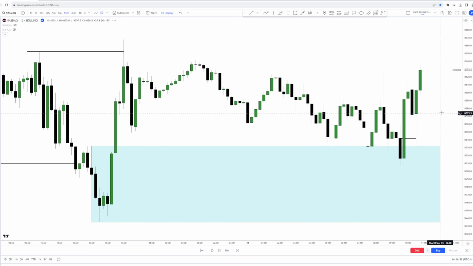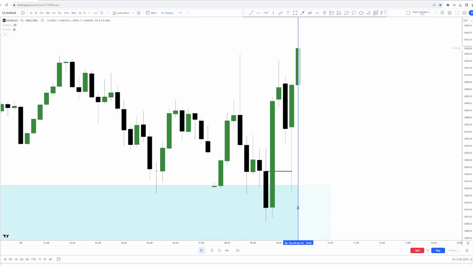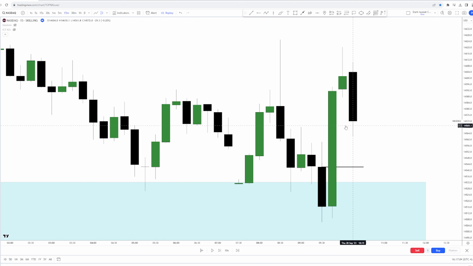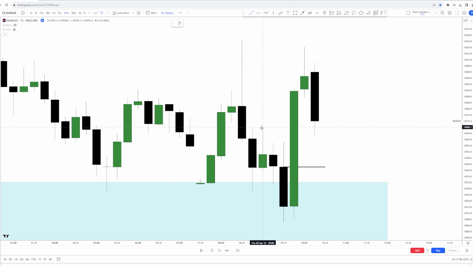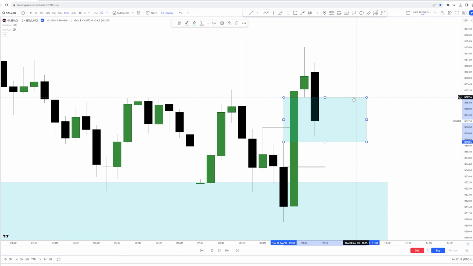Then when price came back there, we scaled down to the 15-minute time frame. We identified a change of character, which was this one. And then I told you, you can take the entry either from the FVG or from the top of it or from the breaker block or from the body of this order block right here. This was our lesson today.